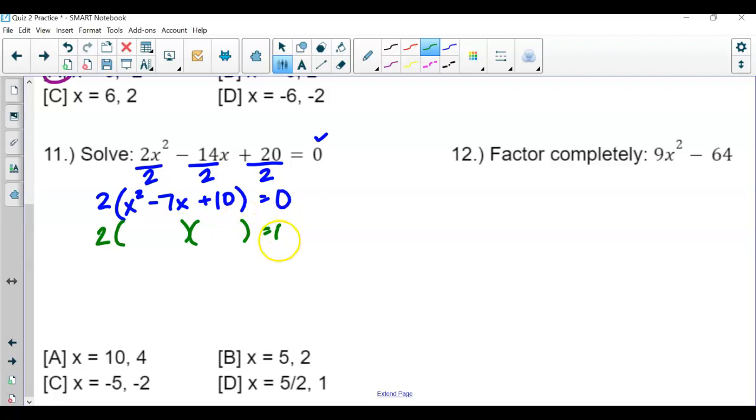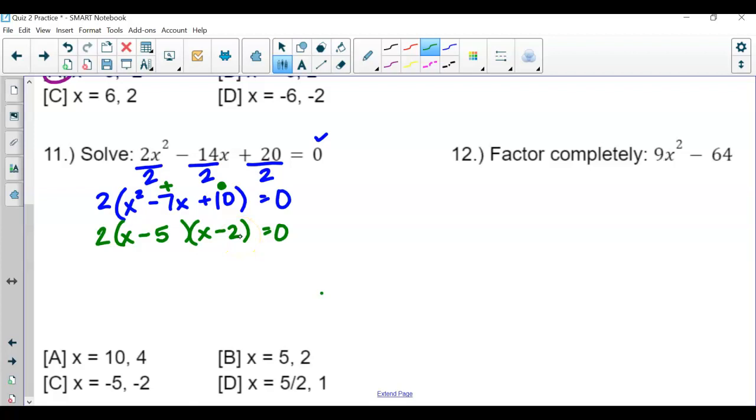So now we've got what values multiply to get us 10 and add to get us -7. Well, if I'm multiplying to get a positive, but adding to get a negative, I know both signs need to be negative. In this case, -5 and -2.